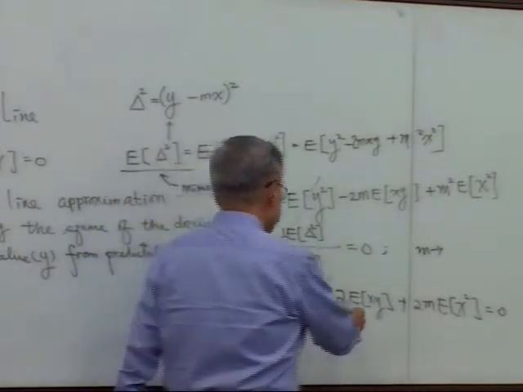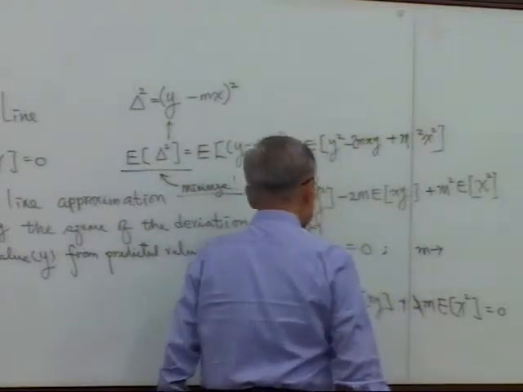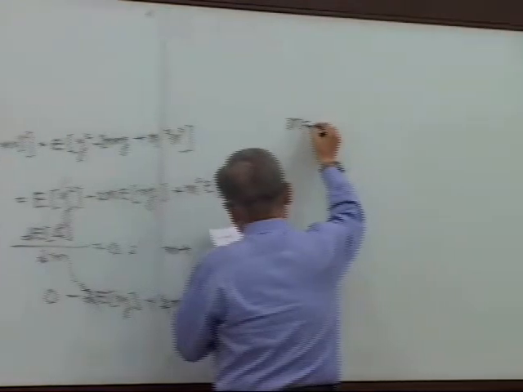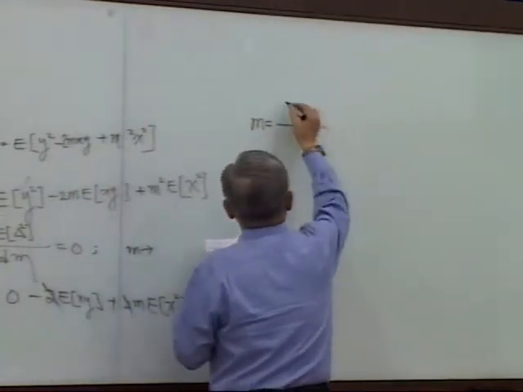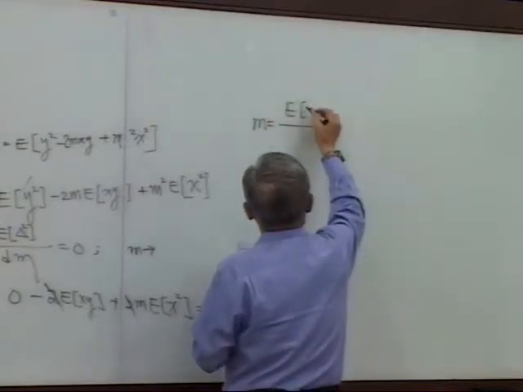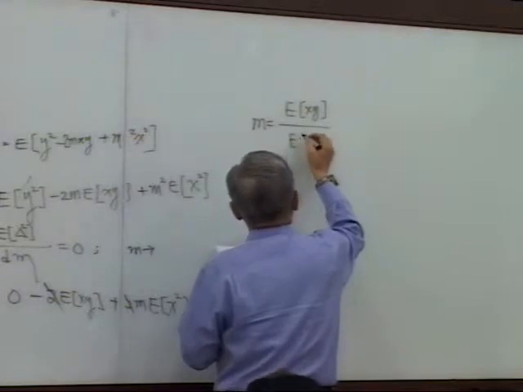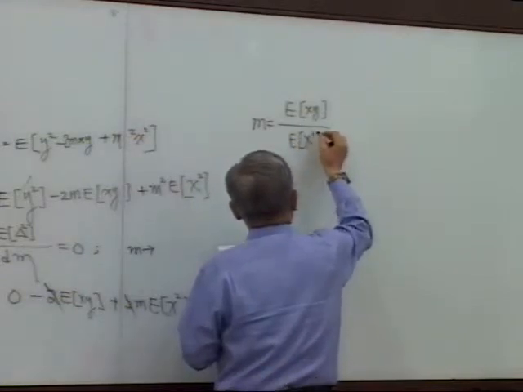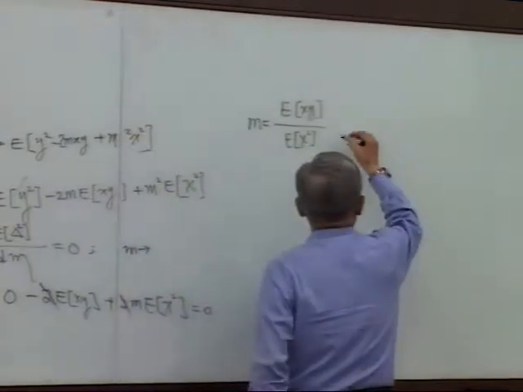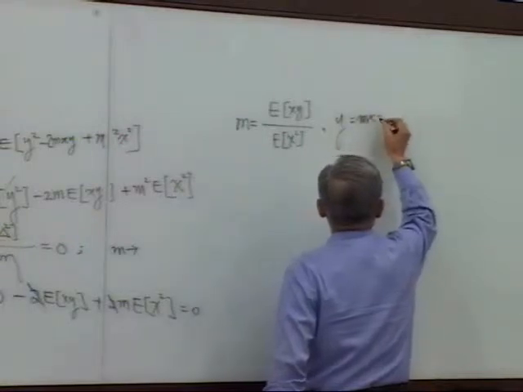Then if you just cancel the 2 out, m is equal to E of xy over E of x squared. Determine m, then you can simply say y is equal to mx.